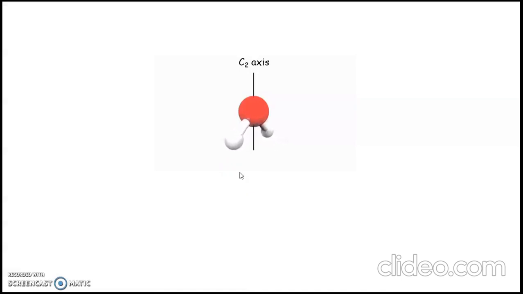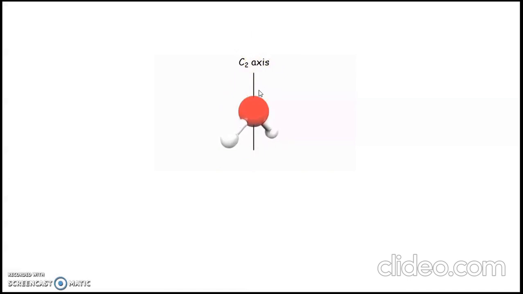For this, we have to understand some basics of group theory and symmetry. I am not going into the details of this, but we can see readily that the water molecule contains some elements of symmetry.